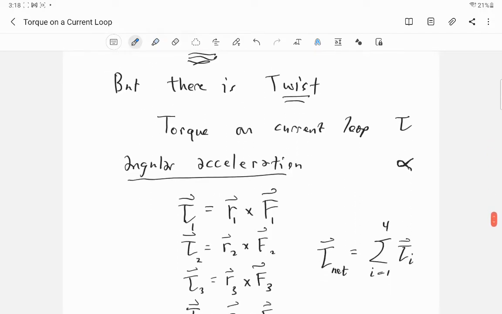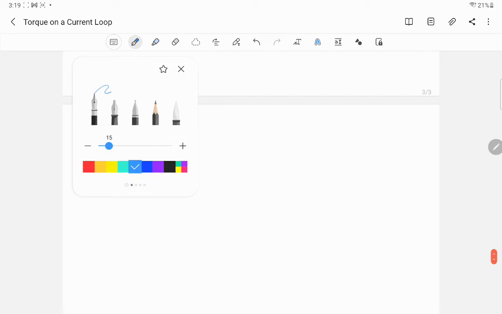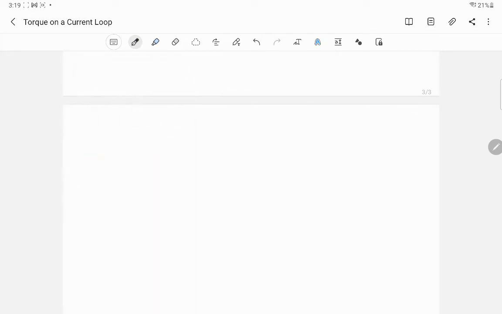So let's clean up our drawing a little bit. Here is the sideways view of our current loop, right? Wire number 2 is up here. Segment number 4 is down here. We have a force acting down at 2 and a force acting upwards at 4.